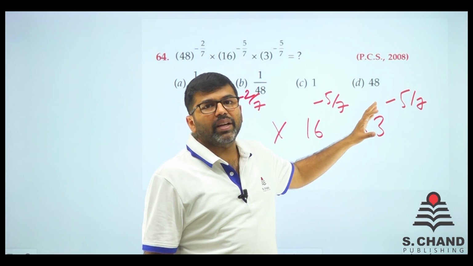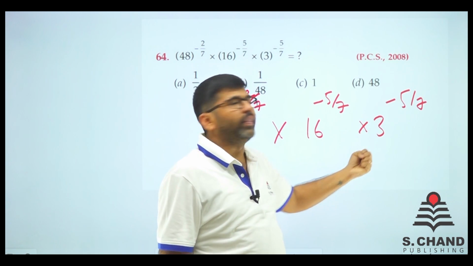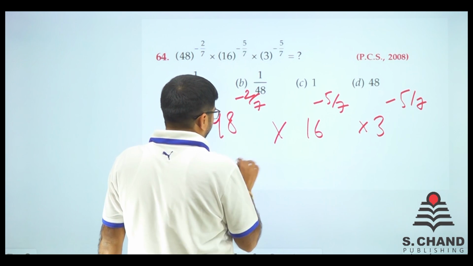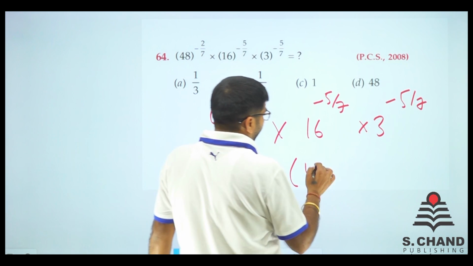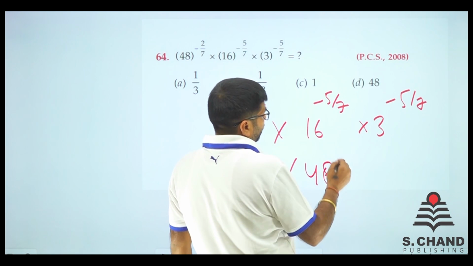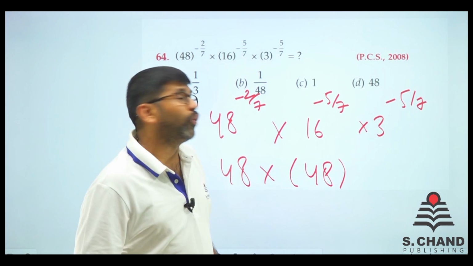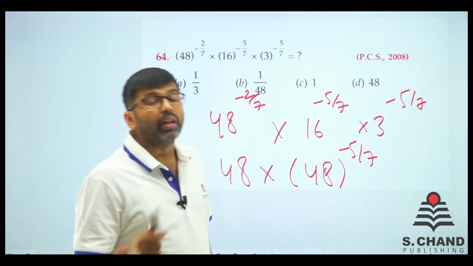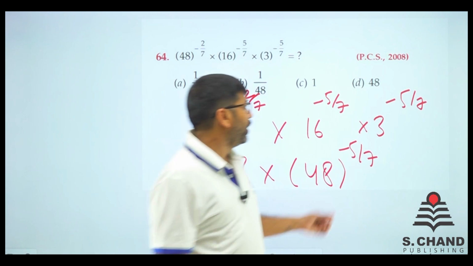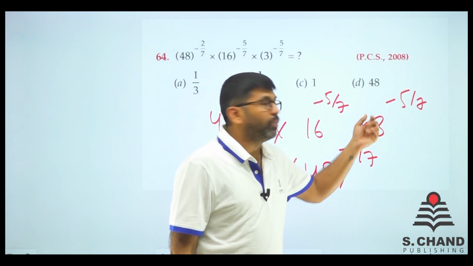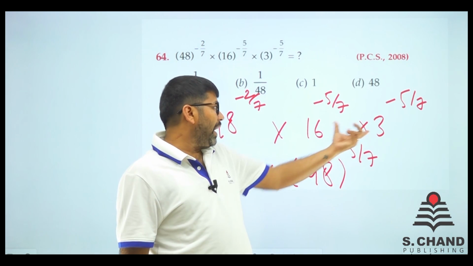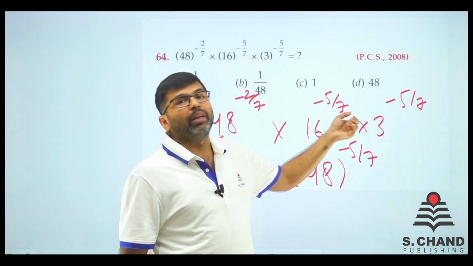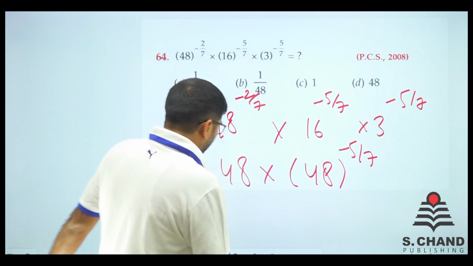If the powers are same, what we can do is just multiply them. So 48 raised to power minus 5 by 7, because 16 into 3 is 48. What I remember from the beginning of this chapter is that if the powers are same, the base can be multiplied. When we multiply 16 into 3, you get 48.